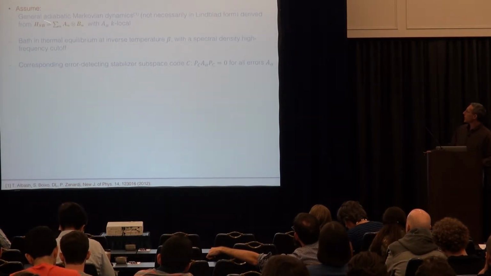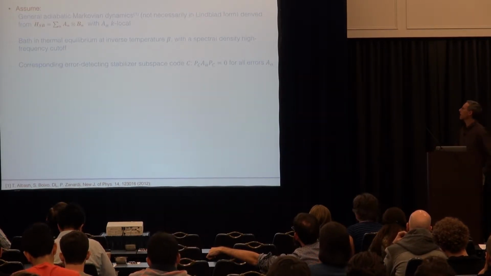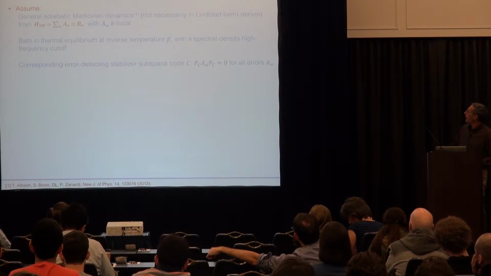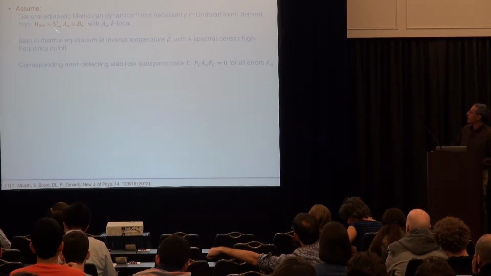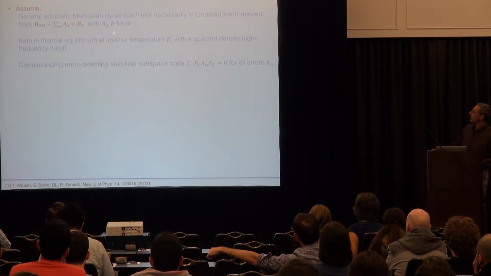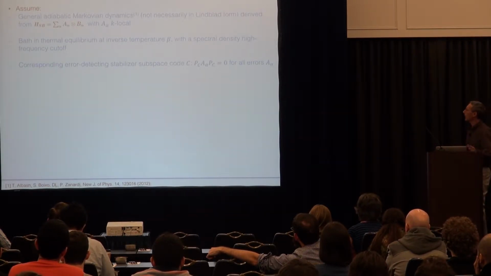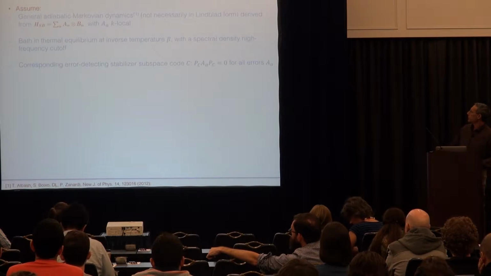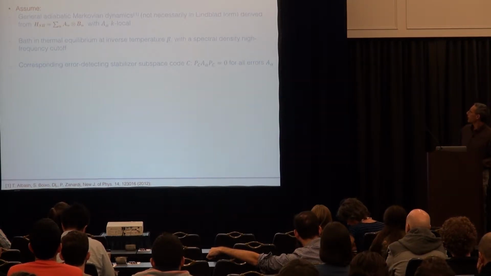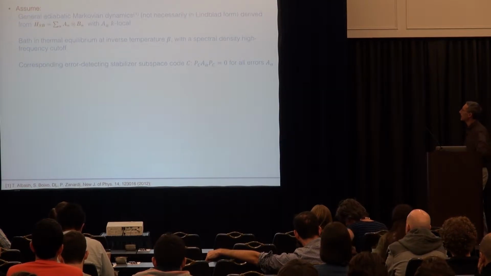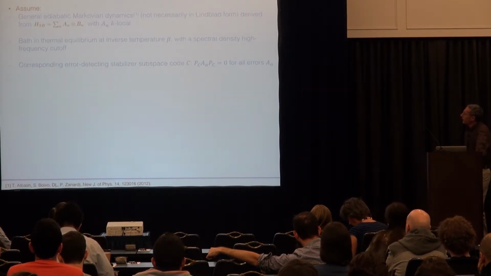So we start from a general adiabatic Markovian master equation, not even necessarily in Lindblad form, which we derive from the system-bath interaction with system operators A sub alpha that are assumed to be K-local with K constant. We assume a bath in thermal equilibrium at some inverse temperature and a spectral density high frequency cutoff.